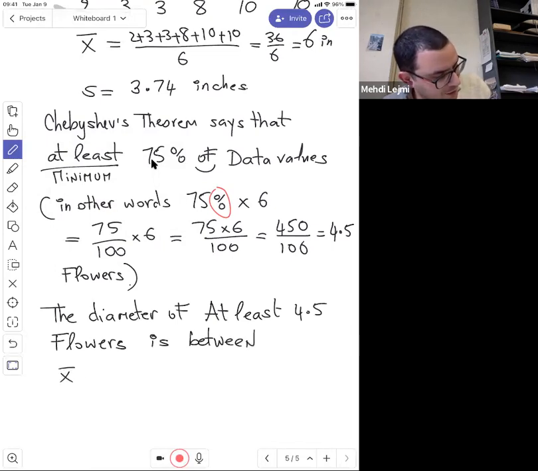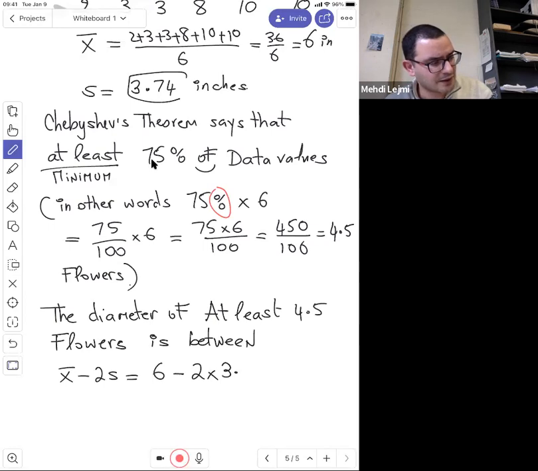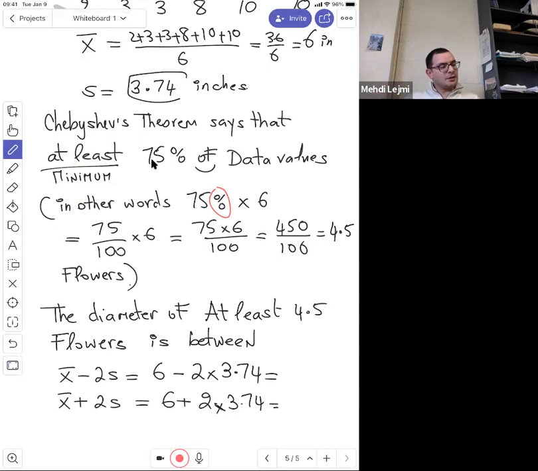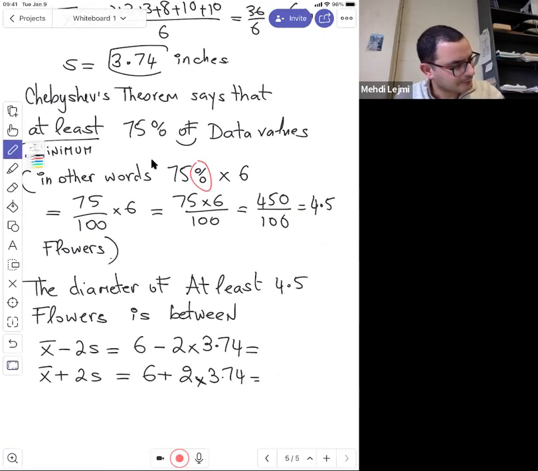X bar minus 2s. So X bar is 6 inches, minus 2 times 3.74, since s is 3.74 inches, and X bar plus 2s, that's 6 plus 2 times 3.74. So 6 minus 2 times 3.74.